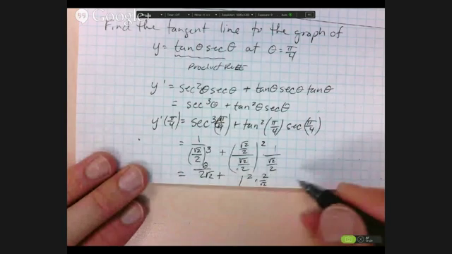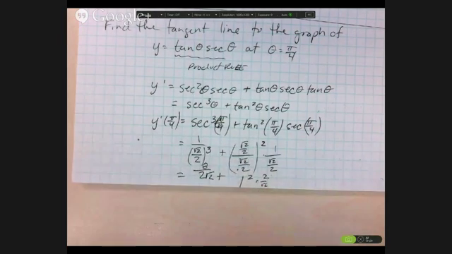Where did this 8 come from? Root 2 cubed is 2 root 2, and 2 cubed is 8. And then you do fraction division.